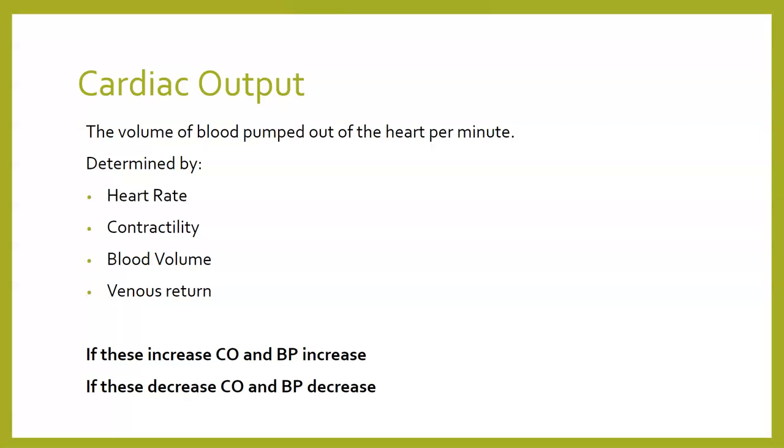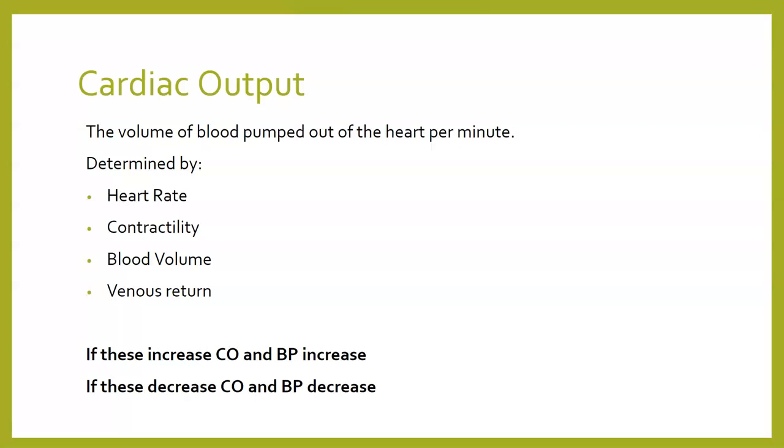Blood volume, so the amount of blood you have in your vasculature. Maybe you're bleeding, maybe you're dehydrated, whatever it might be, your blood volume is decreased. And then also your venous return. So your blood that's already gone through the capillaries, oxygenated the tissues, it's coming back to the heart. That's your venous return, your deoxygenated blood.